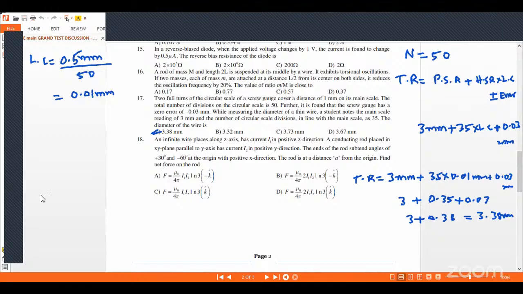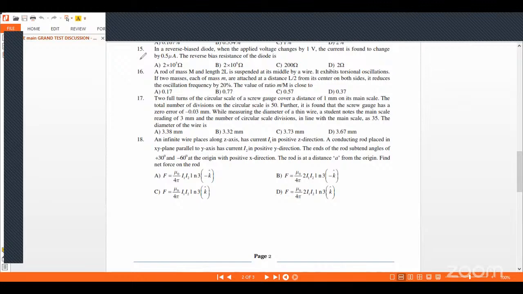Next, the 18th one. An infinite wire placed along the z-axis has current I1 in the positive z direction. A conducting rod placed in the xy plane, parallel to the y-axis, has current I2 in the positive y direction. The ends of the rod subtend angles 30 degrees and minus 60 degrees.